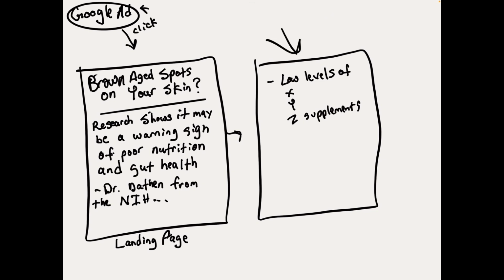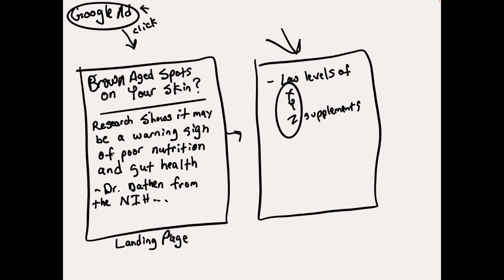Low levels of X, Y, and Z supplements. Well, what do you think X, Y, and Z are? They're the actual ingredients in my supplement. And the great thing is the NIH has information on every single supplement ingredient that's ever been marketed under the sun. You can find it on the NIH website.